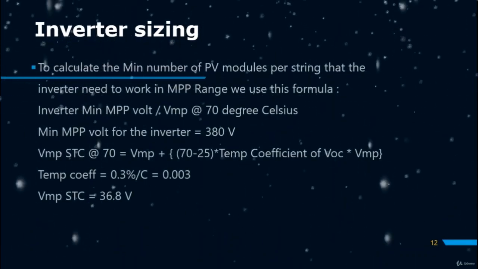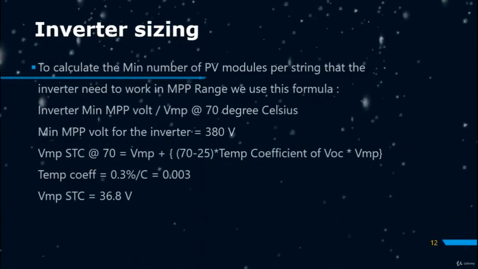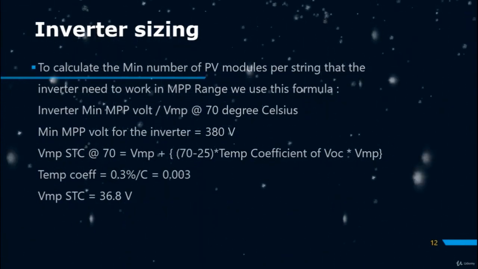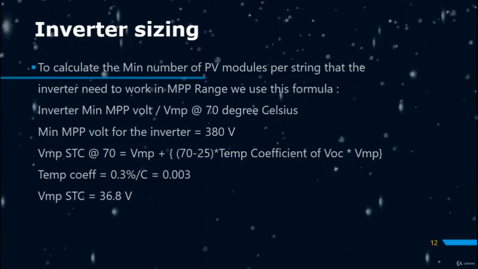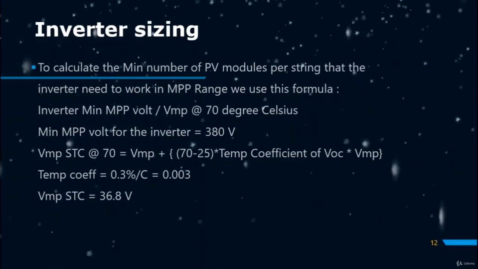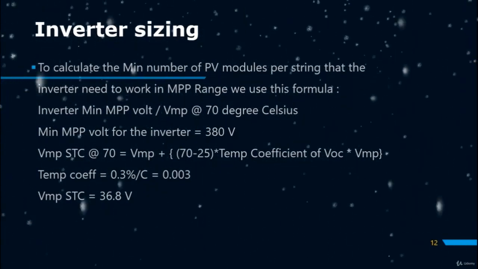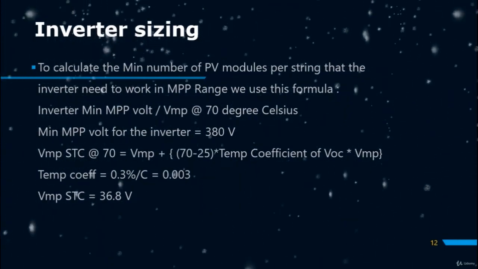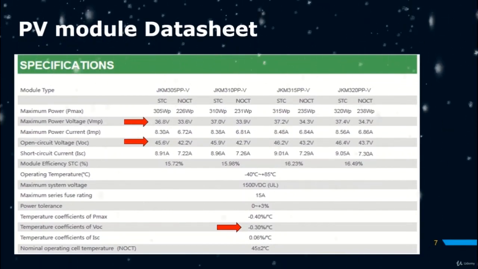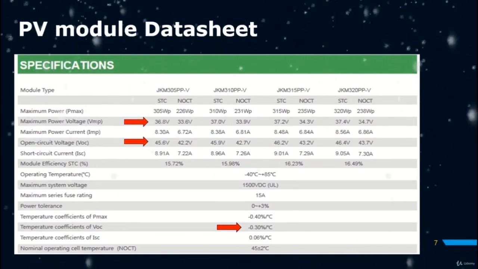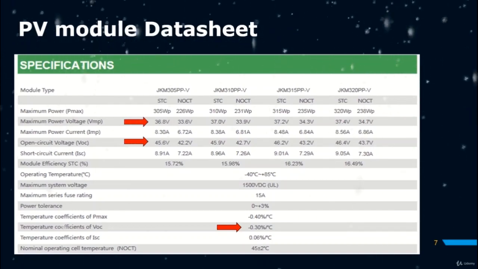Now, to calculate the minimum number of PV modules per string that the inverter needs to work in the MPP range, we use this formula: inverter minimum MPP volt, which is 380 volt, over VMP at 70 degrees Celsius. We can find the VMP of the PV panel in the datasheet. As you see, it's 36.8.